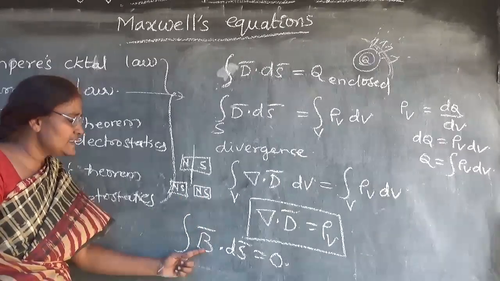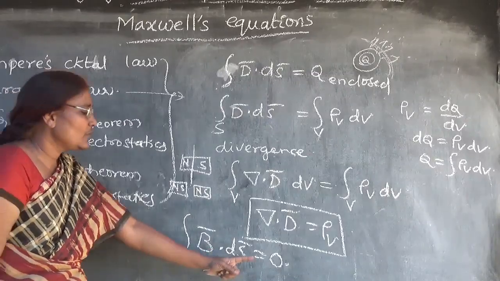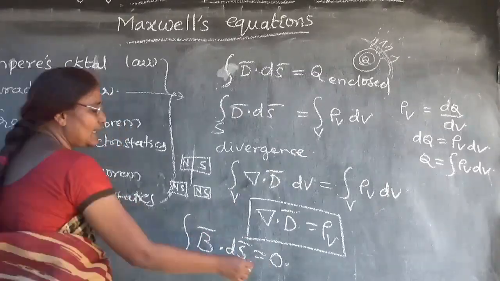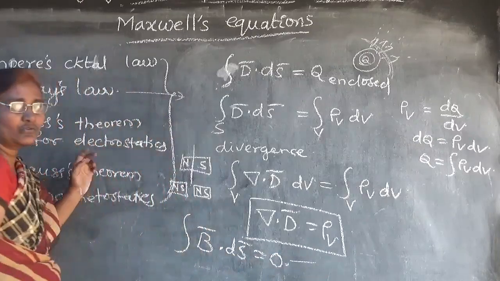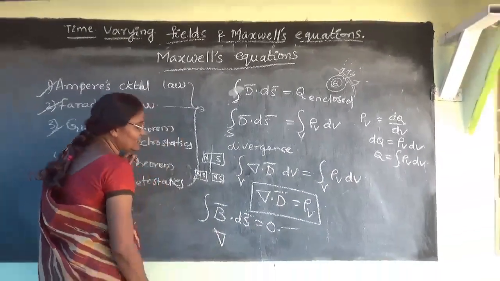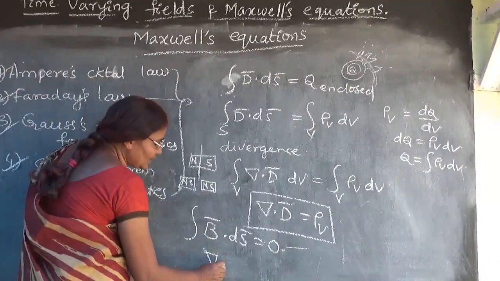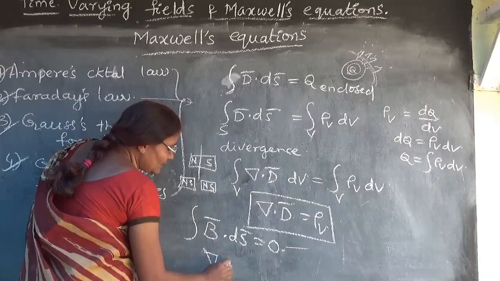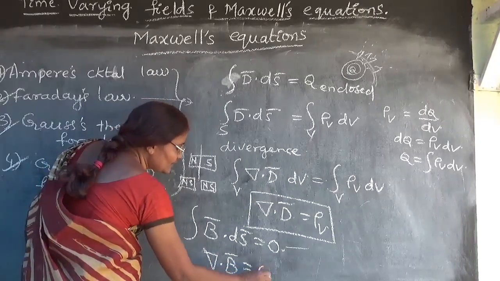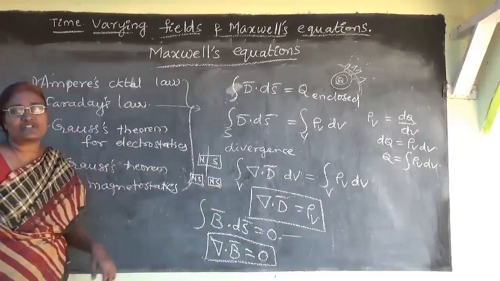That is the reason the integral of B bar dot dS bar is 0. This is the integral form of the fourth Maxwell's equation, and by applying the divergence theorem, del dot B bar becomes 0. This is the point form of the fourth Maxwell's equation.